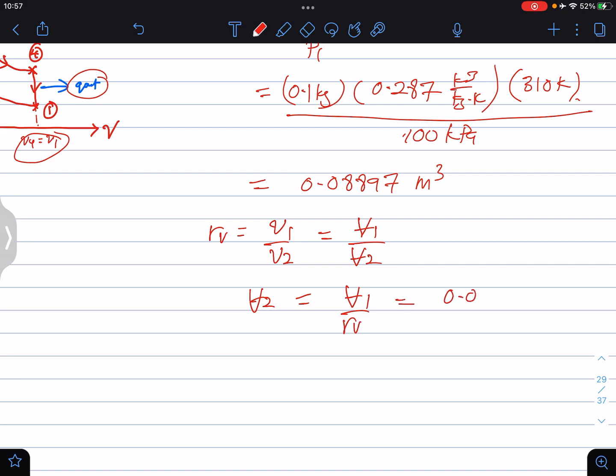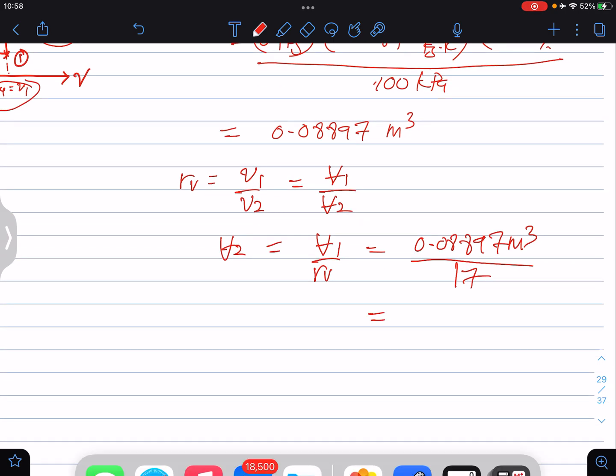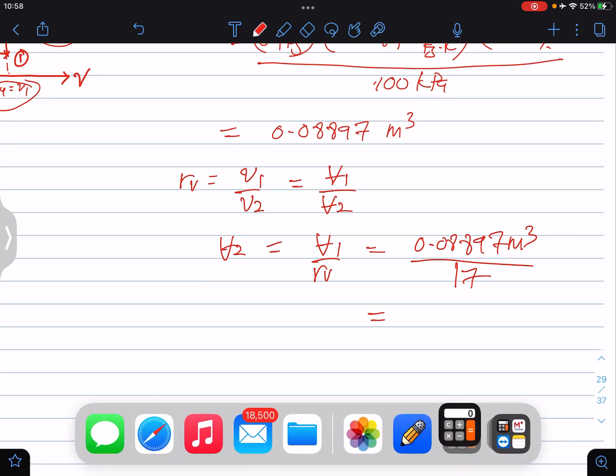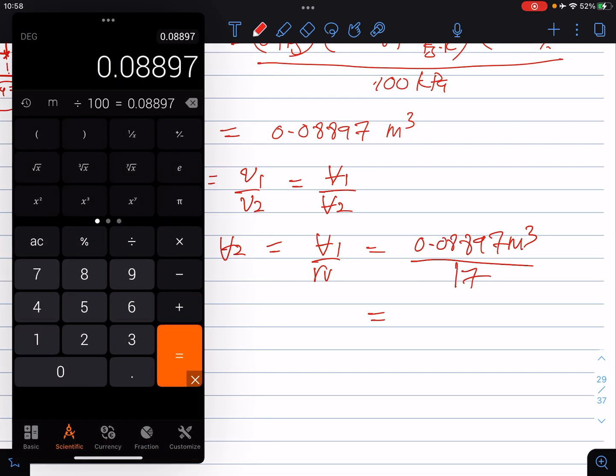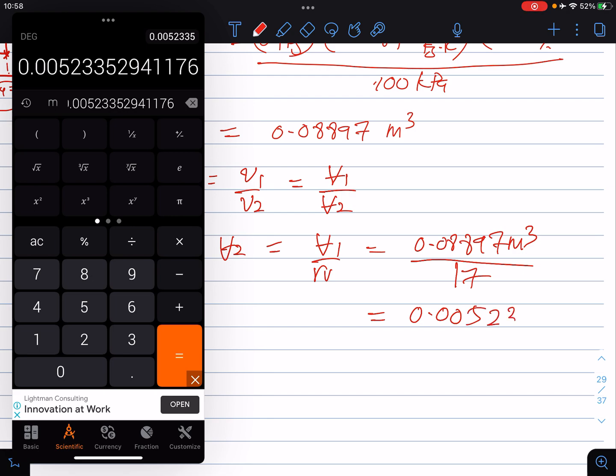So 0.08897 meter cube, you divide by the value of rv, which is 17. So you get 0.08897 divided by 17, 0.005234 meter cube.